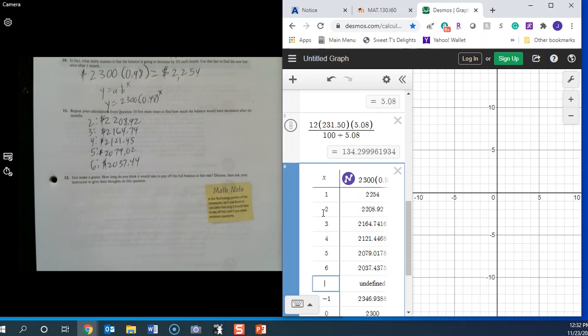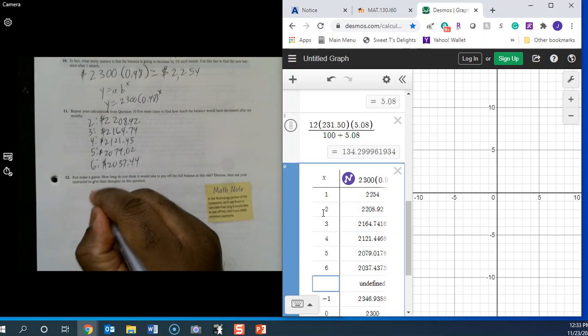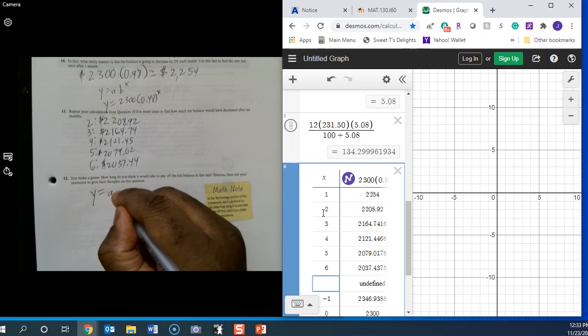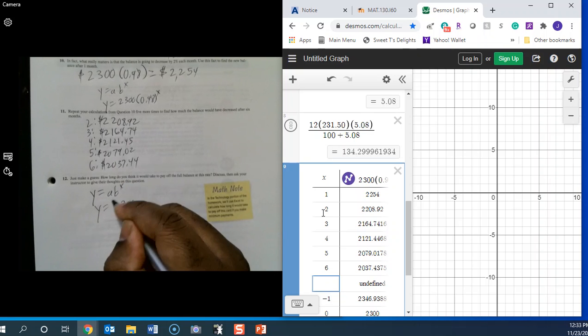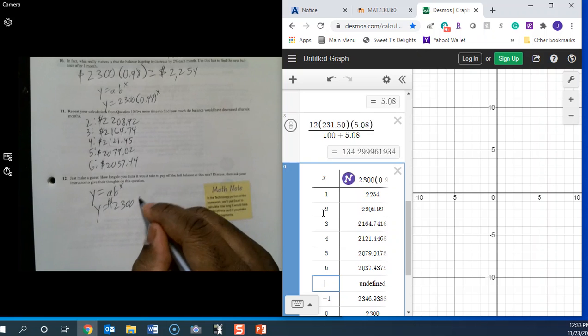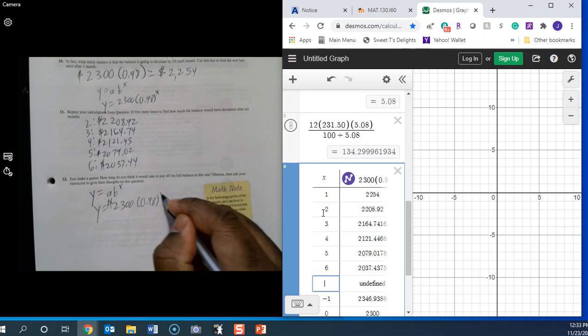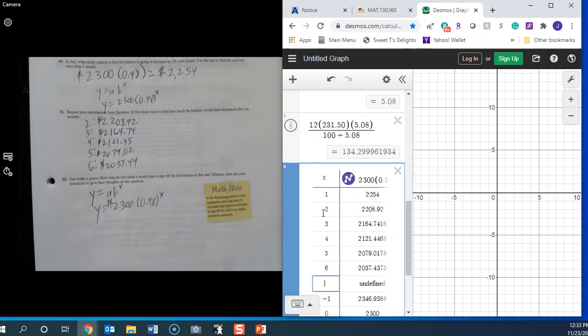Now we go here to problem 12. Just make a guess. How long do you think it would take to pay off the full balance at this rate? Discuss and ask your instructor to give their thoughts to this question. Okay, now listen. First of all, we know we're dealing with this equation. We already did it earlier, but this is the equation we're dealing with. Now, this is what we need to do.